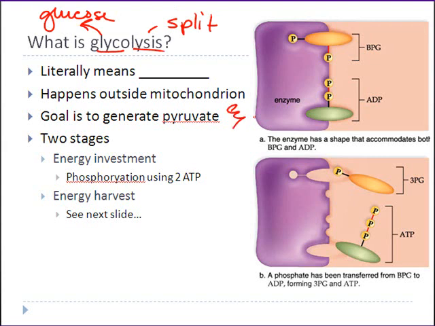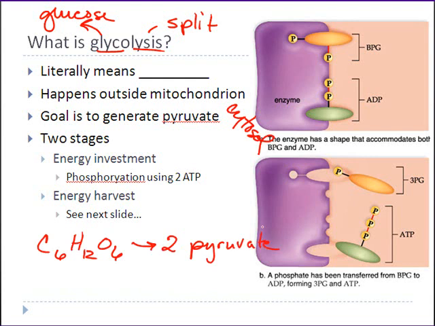It happens in the cytosol, as I said before, and we begin with a 6-carbon sugar. Remember that the molecular formula of glucose is C6H12O6. We're going to split that apart into 2 molecules of pyruvate, which I will show you in just a second. And pyruvate is a 3-carbon molecule.